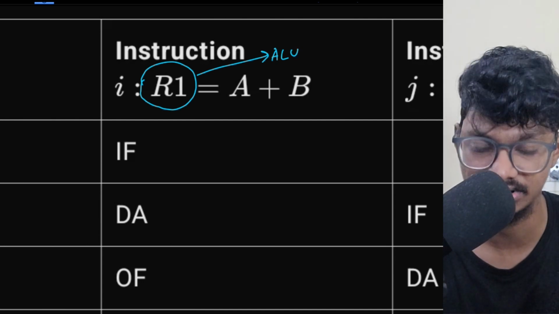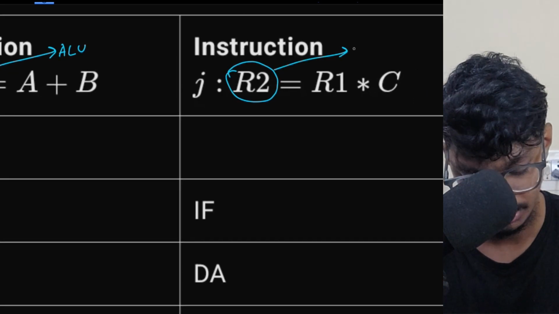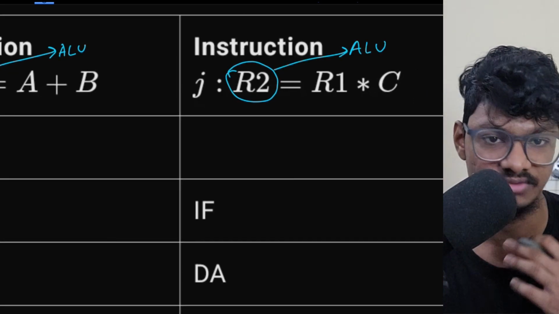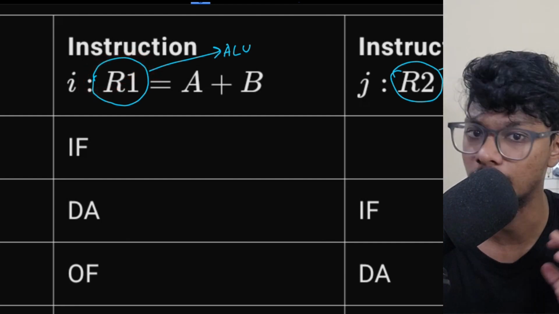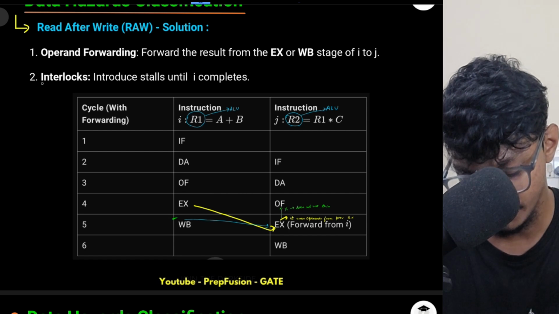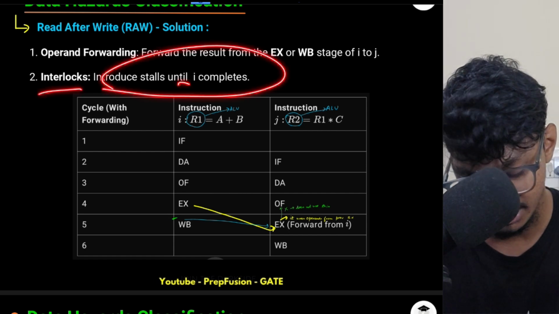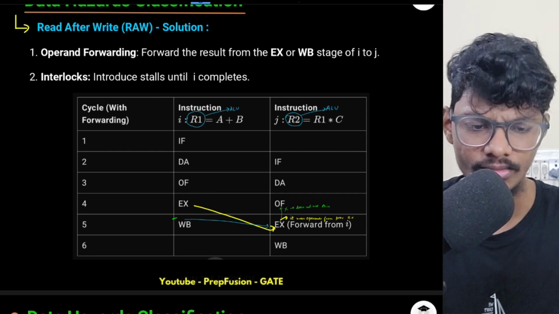R1 is a general purpose register, that is an ALU element, and R2 is also an ALU element. ALU to ALU operation is very fast. I cannot do that if it is stored in memory, so be careful about that. We will do questions so that we will understand. Also, we can introduce interlocks, which stall until the write back phase of the I. That we can do.